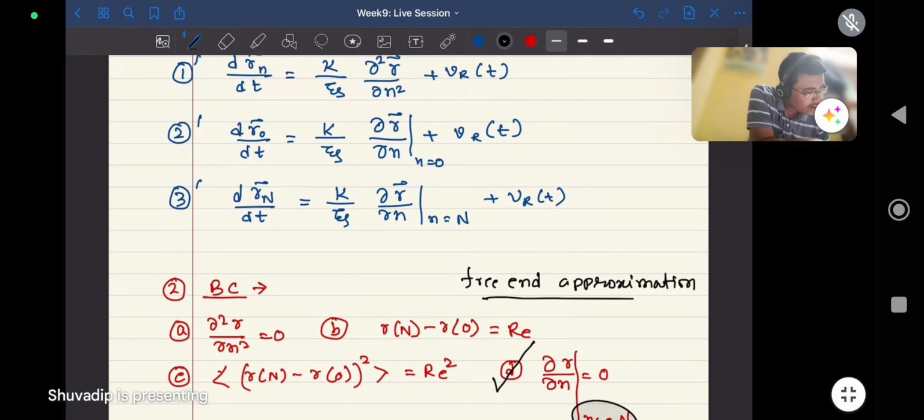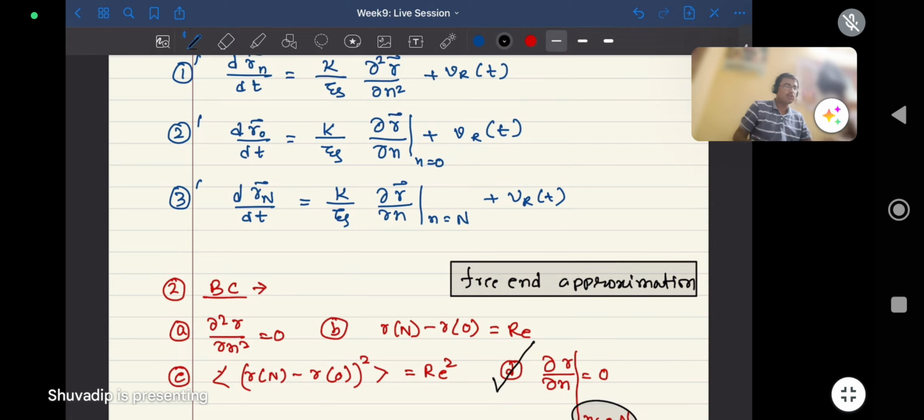The two endpoints of the chain are free to move anywhere. There is no restriction on this. So the partial derivative with respect to n is 0 at n equal to 0 and capital N, which are the boundaries. So this is the chain. This is n equal to 0. This is n equal to capital N. These are the two boundaries.